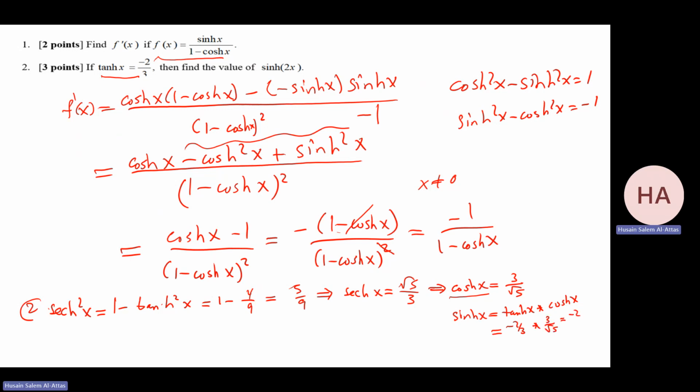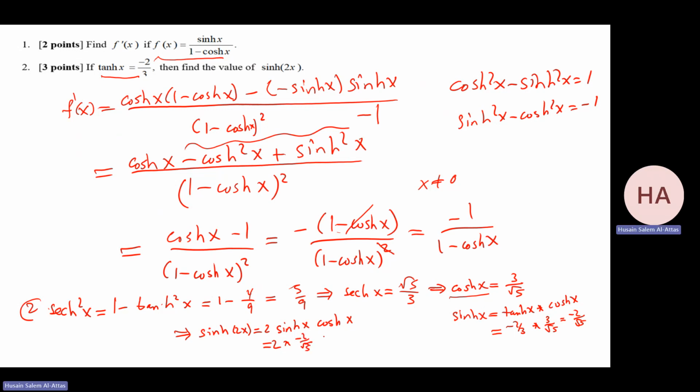That will be minus 2 over square root of 5. So that implies, I know sine hyperbolic of 2x, that will be 2 sine hyperbolic x cosine hyperbolic x. That will be 2 times sine hyperbolic x, which is minus 2 over square root of 5.